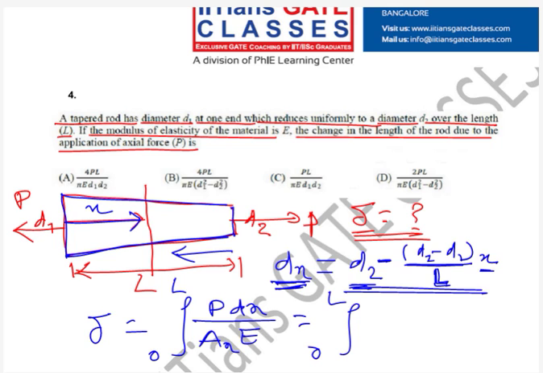It is pi by 4 dx square, so it is 4 P dx upon pi E dx square. Now guys, you know already dx. Substitute here, integrate it. Do it guys. I'll write the further terms. Is it clear till this point?